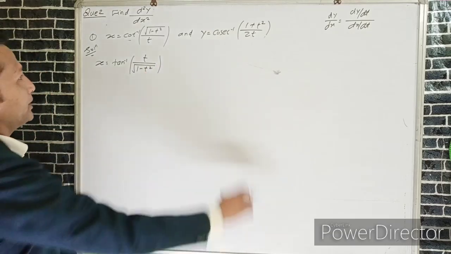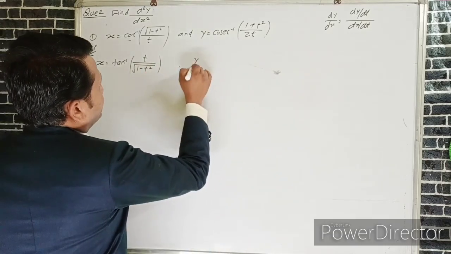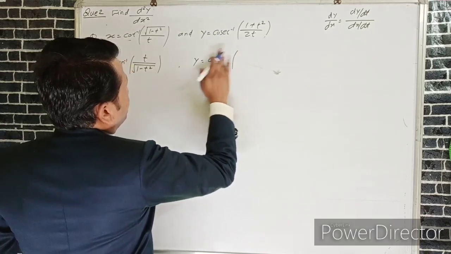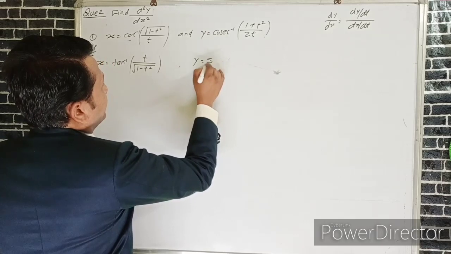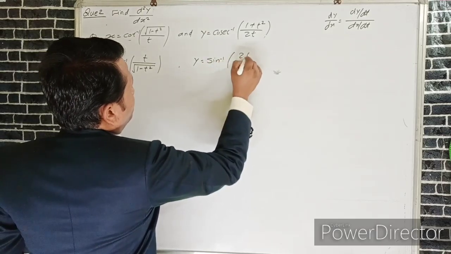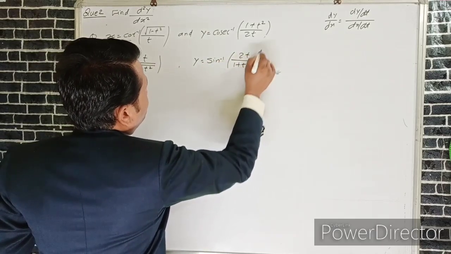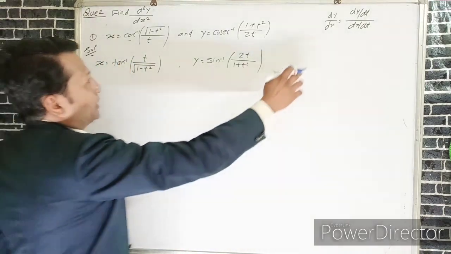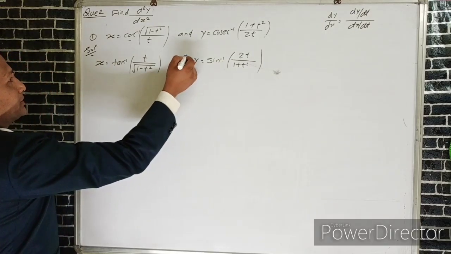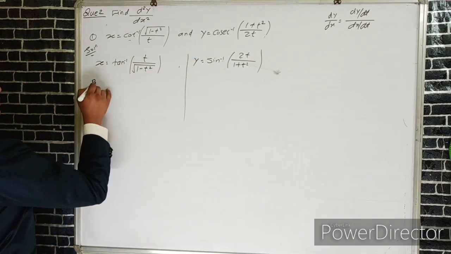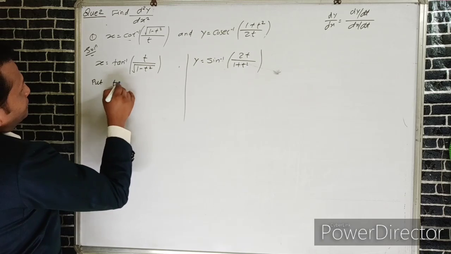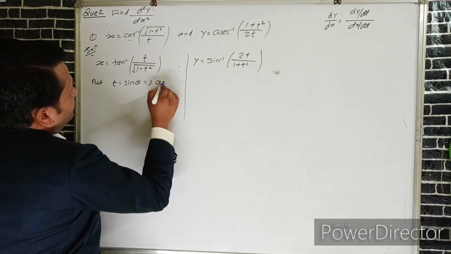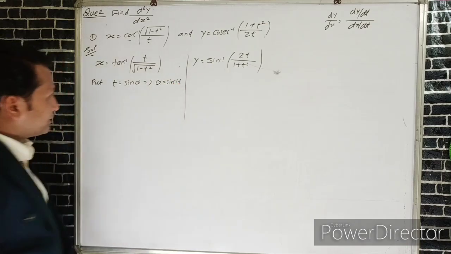And so similarly we can write y is equals to cosec become sin inverse of 2t upon 1 plus t square. If we have to differentiate and find the value of dy by dx, we consider that first function put t is equals to sin theta, implies that we can write theta is equals to sin inverse of t.